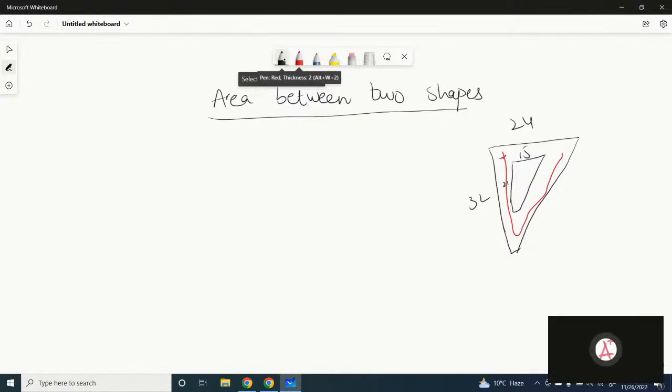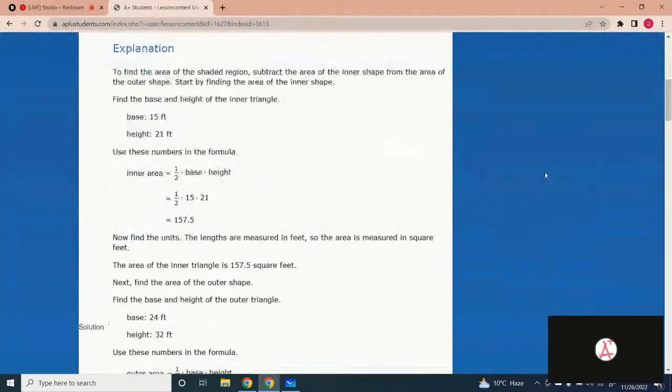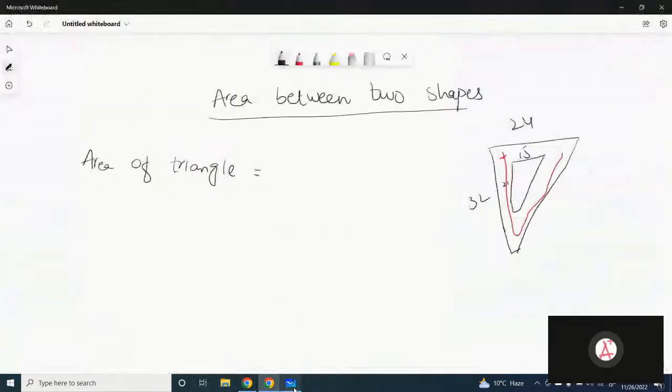Got it? We know that the area of a triangle is half times base times height. So let's start with the smaller one. Area of smaller triangle.